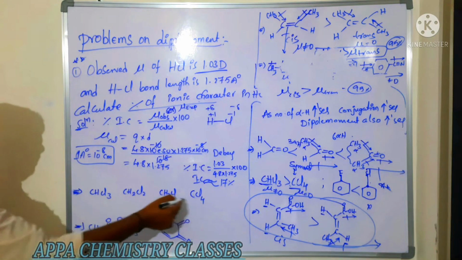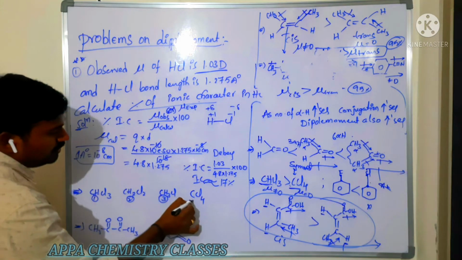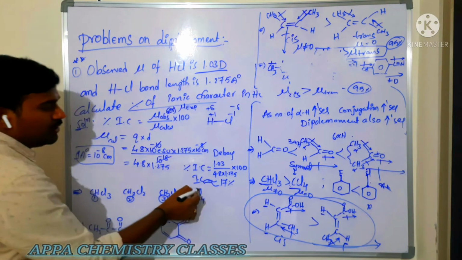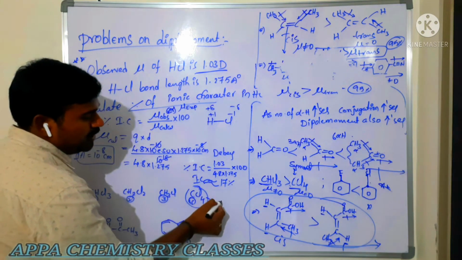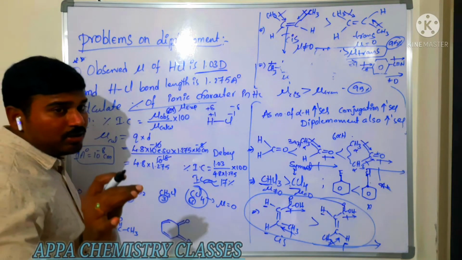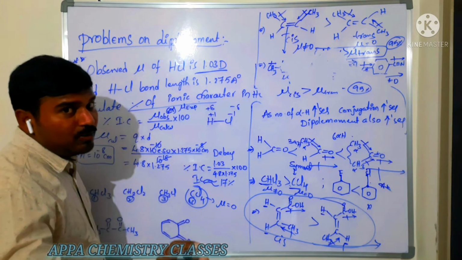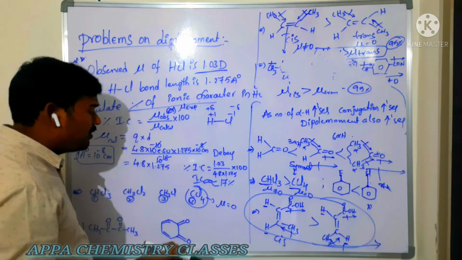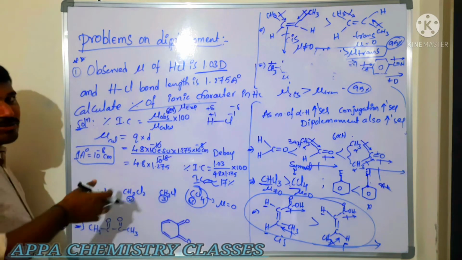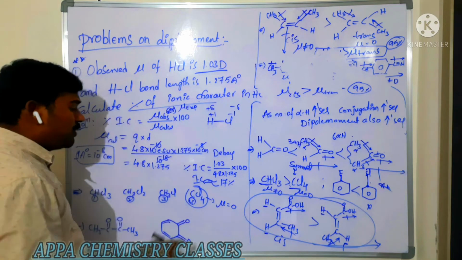Now in this case among these, consider 1, 2, 3 and 4, which is very very important. You know that carbon tetrachloride is a symmetrical molecule, it is 0. It is the least one. Now simple, you remember, whenever the number of halogen atoms increases, dipole moment decreases. Okay? No need of drawing their structures, all those things. Just remember, number of halogens increases, dipole moment decreases.